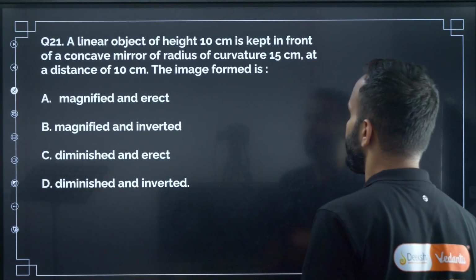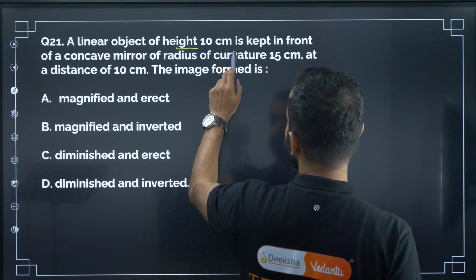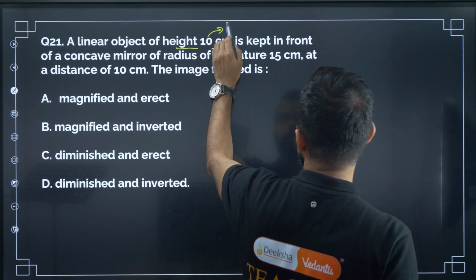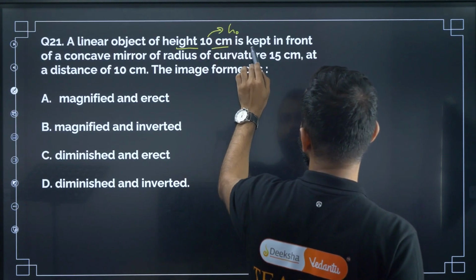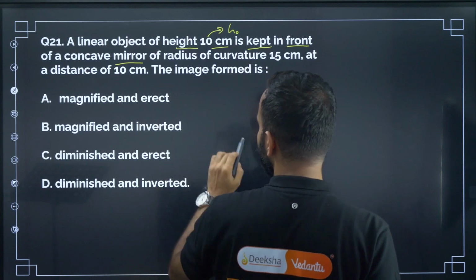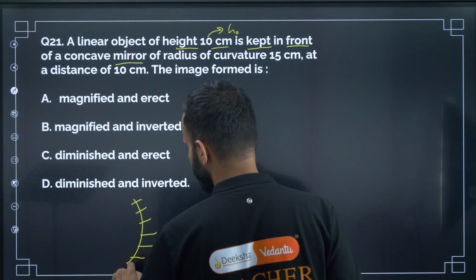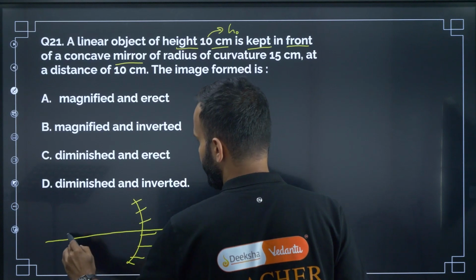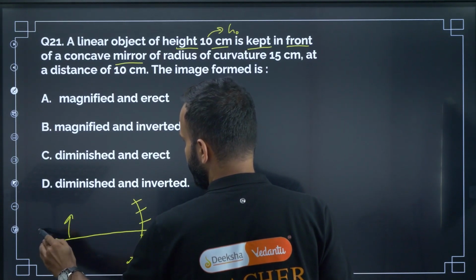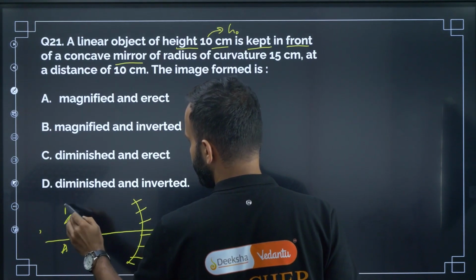Question number 21. A linear object of height 10 centimeter, h o equal to 10 centimeter, is kept in front of a concave mirror. AB is 10 centimeter.